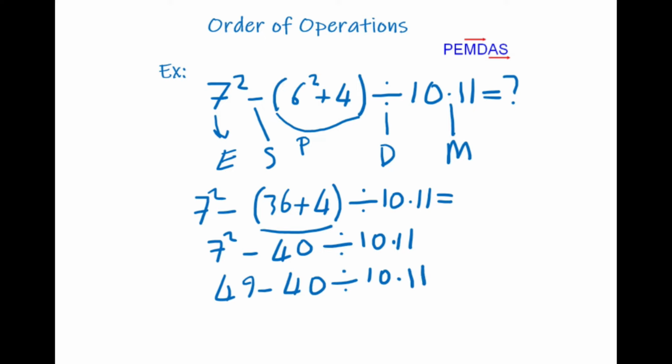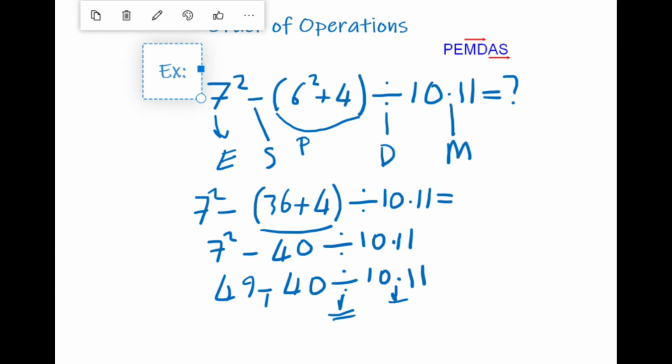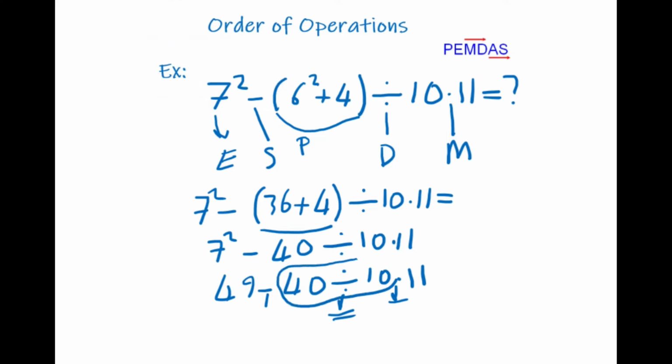And now let's look at the operations. Here subtraction, here also division, here multiplication. Of course, division and multiplication were together, but because division is on the left, I'm gonna do division first. If you divide 40 by 10, then you're gonna have 4, so the rest is 49 minus 4 times 11.